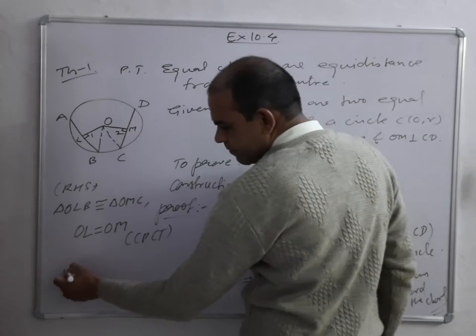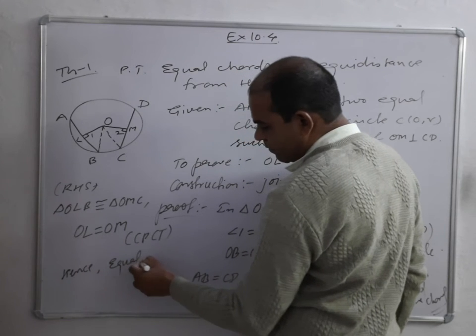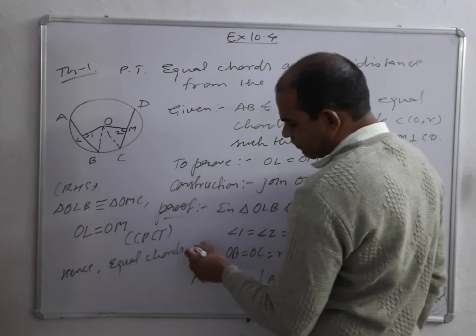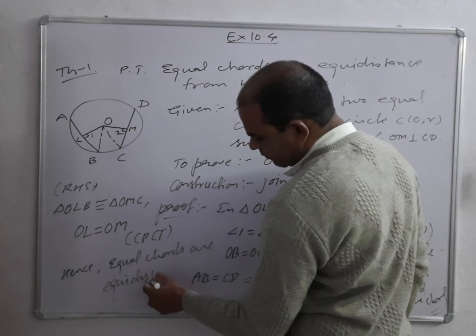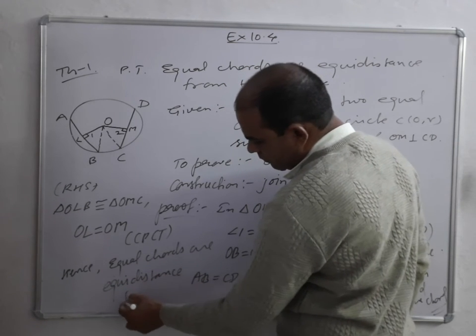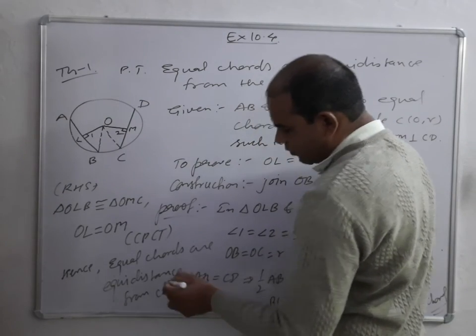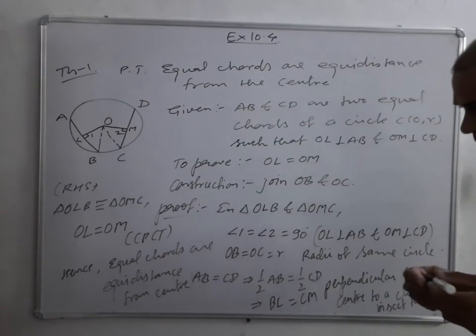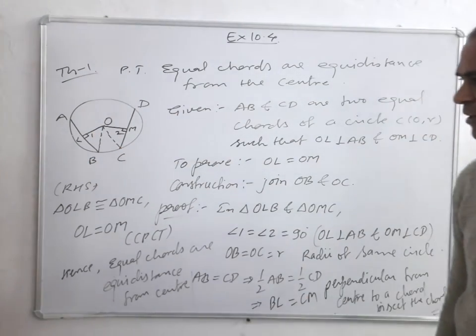So hence equal chords are equidistant from the center of a circle. So here chords are equal and we should prove the equidistance from the center.